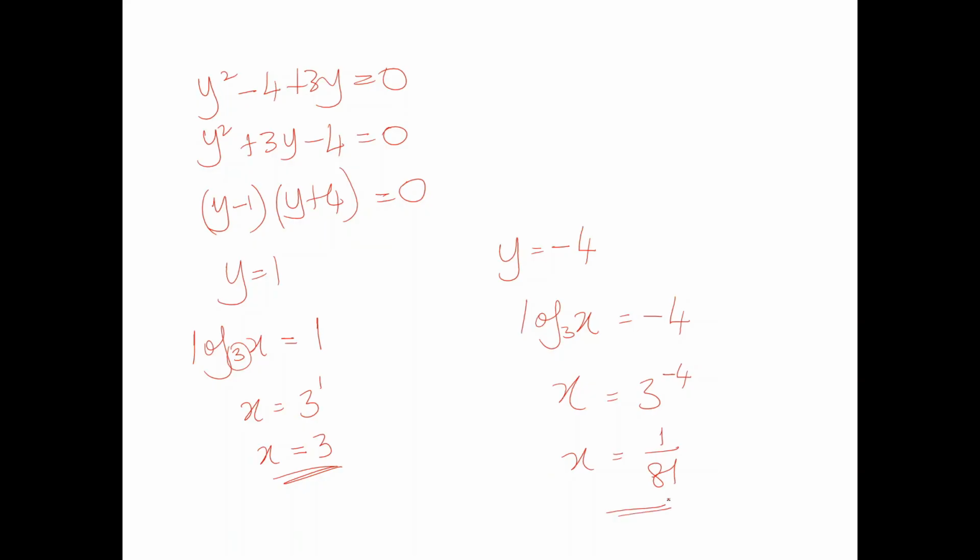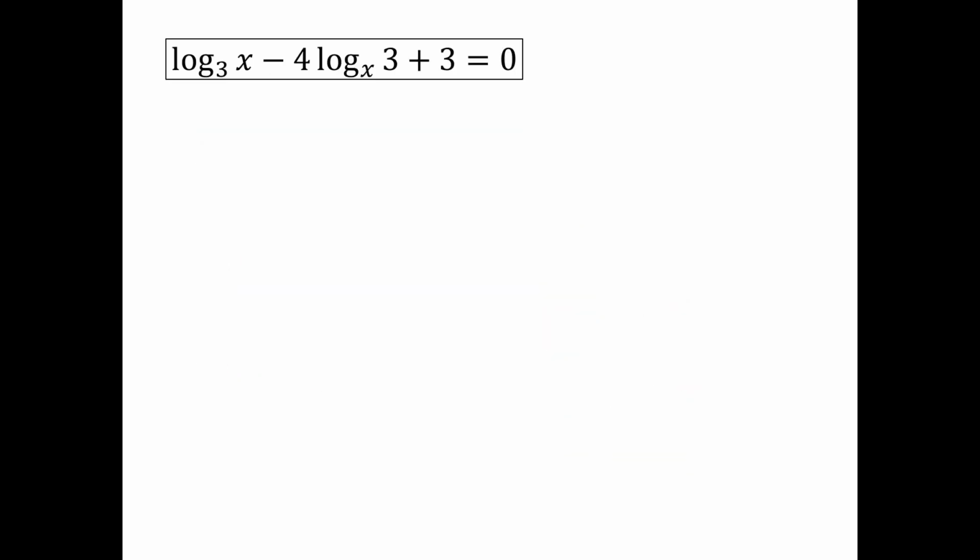So our next step is we have to do the checking part to verify which one is acceptable. So now we have to check in our original equation, log x base 3 minus 4 log 3 base x plus 3 equal to 0, whether x equal to 3 and x equal to 3 to the power of negative 4, or 1 over 81, are acceptable or not.